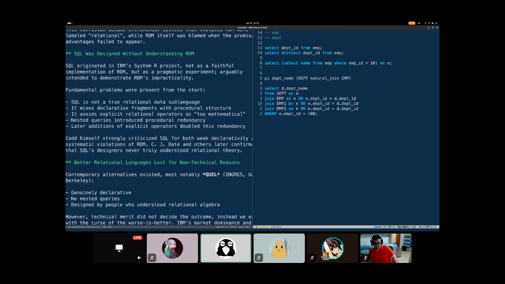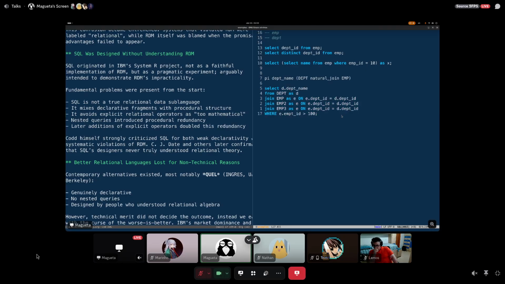tries to be smart and make the order not matter, but in reality, it still does, because that's how the language works, right? With SQL, I don't want to shame too much because the query planner is actually very smart, and nowadays they're very good planners. I think DuckDB has one of the best planners around.